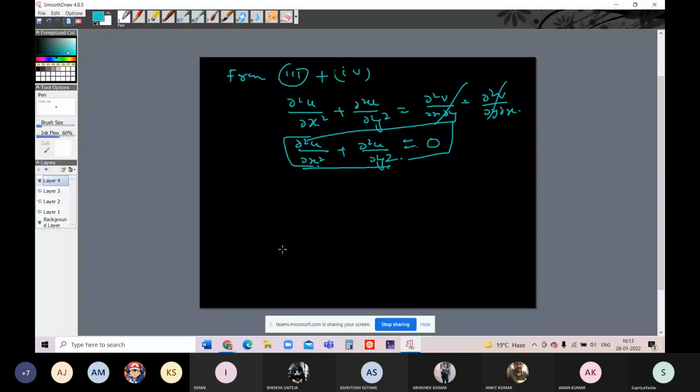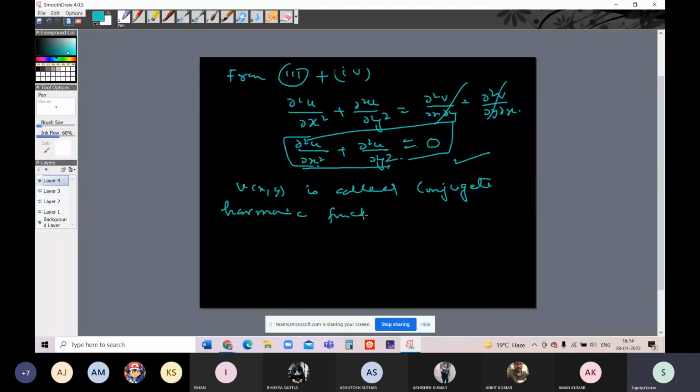So when f(z) is analytic in a domain D, its real and imaginary parts are harmonic functions. v(x, y) is called the conjugate harmonic function of u(x, y) in D. If they are the real and imaginary parts of an analytic function, this v is called the conjugate harmonic function of u(x, y).